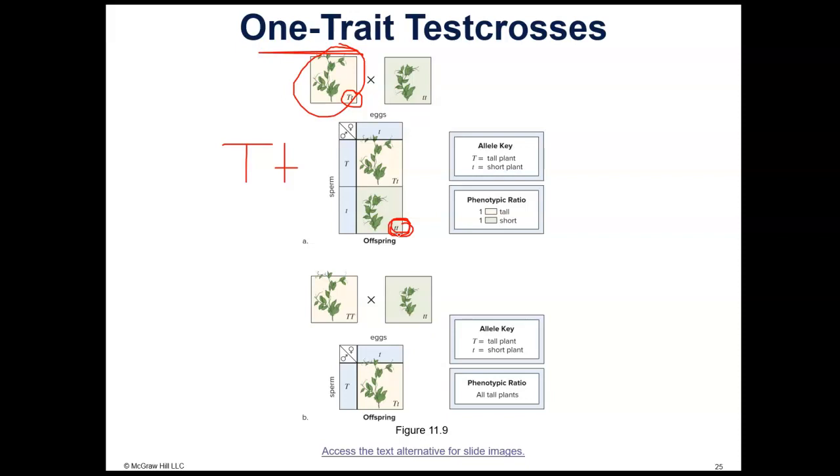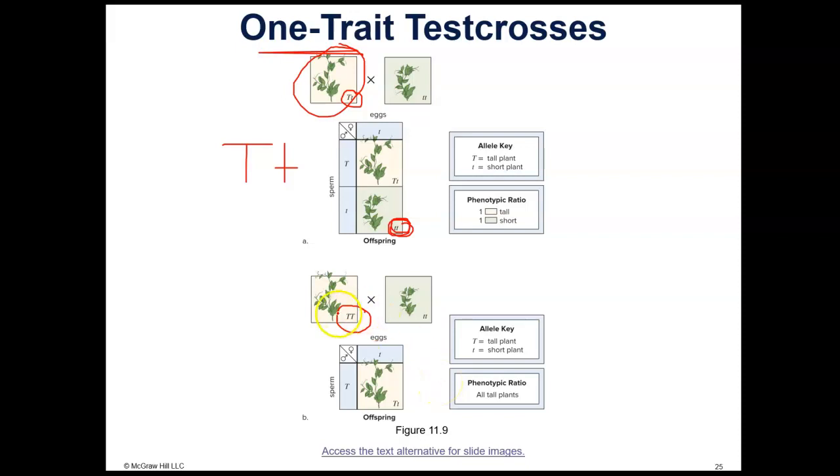Okay, now if we cross the dominant individual with a recessive and all of the offspring have the dominant trait, more than likely that dominant individual is homozygous big T, big T. But it's not always 100% because these Punnett squares are just probability. They're just telling us what is most likely to happen.